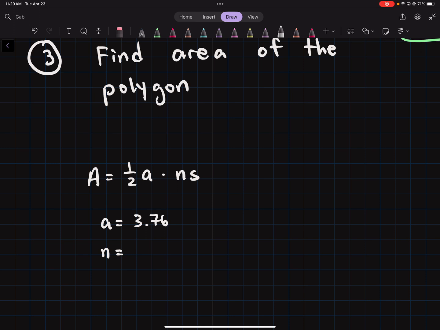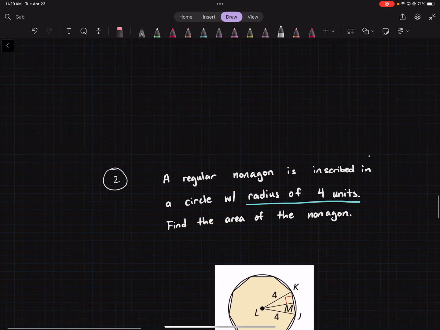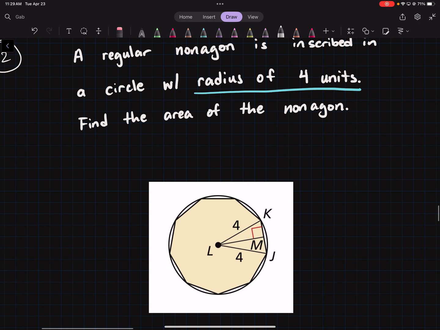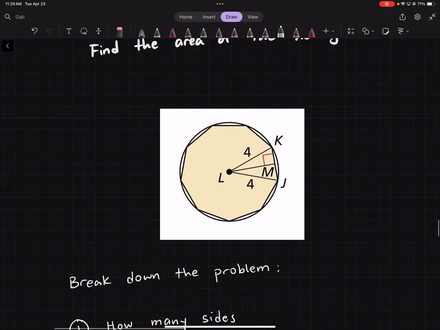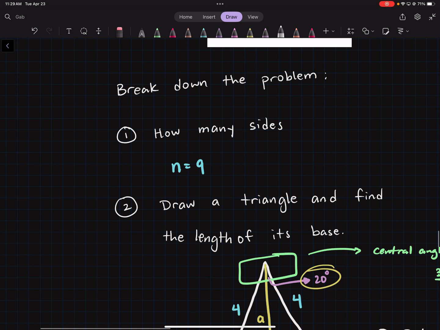How many sides? 9. What shape is it, people? It's a nonagon. So how many sides are in a nonagon? 9. Nonagon has 9. So, and we said right there, n is 9.